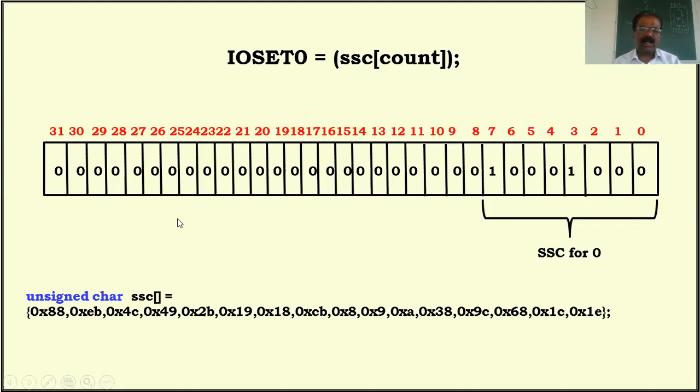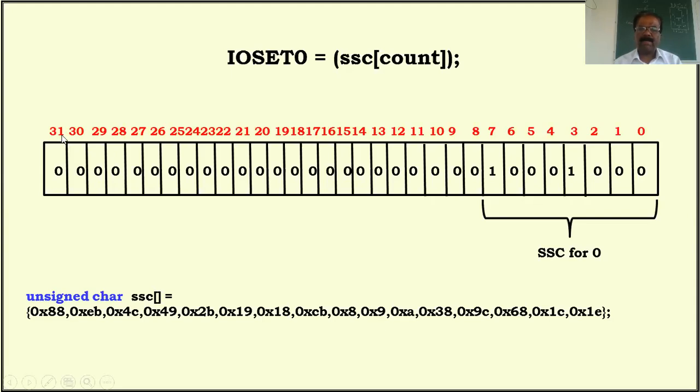Now this is the IO set register, because we are using port 0. Because of port 0, we have to go for IO direction 0, IO set 0, IO clear 0. If it is port 1, then IO direction 1, IO set 1 and IO clear 1. Therefore, this is the IO set register. We know that the IO set register is a 32-bit register, from 0 to 31.